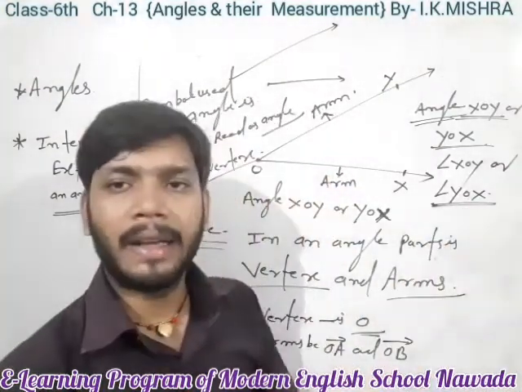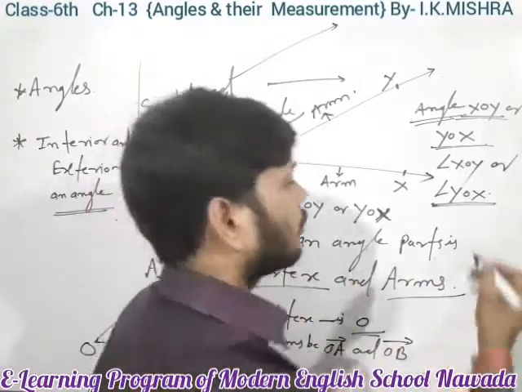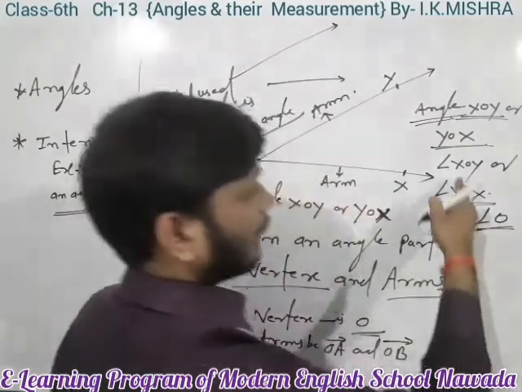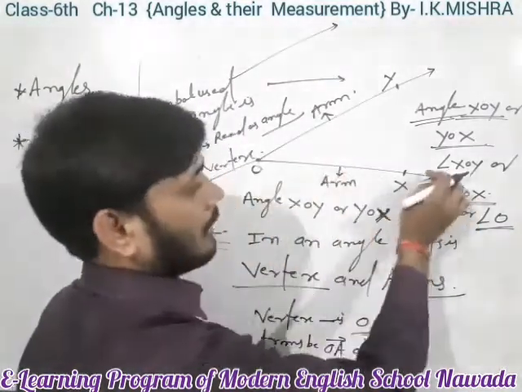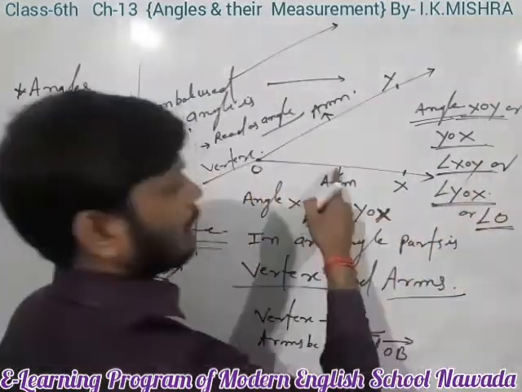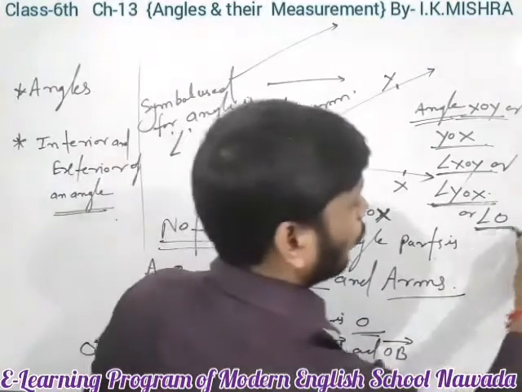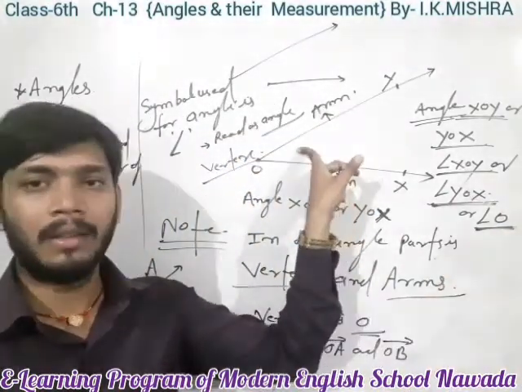An angle can also be denoted by its vertex letter only, angle O. So this angle can be represented in three ways: angle XOY, angle YOX, or only angle O.